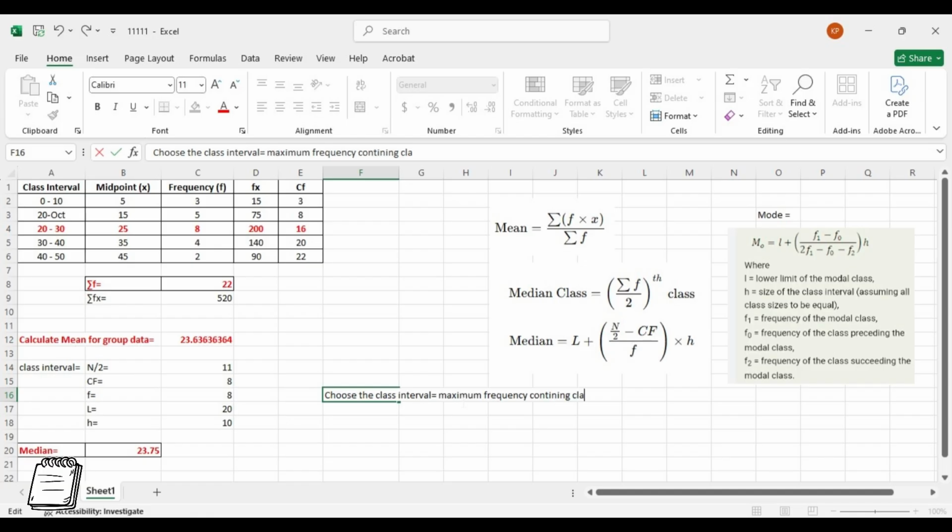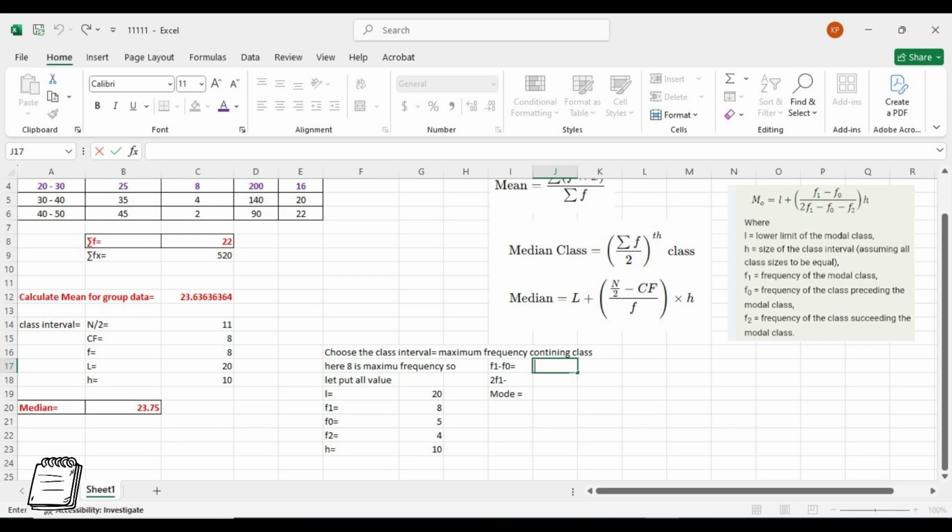Now let's put the values into this mode formula. L is equal to the lower limit of the modal class, which is 20, and h is equal to the interval of the modal class, which is 10. F1 is the frequency of the modal class. So what is the frequency of this modal class? It is 8.